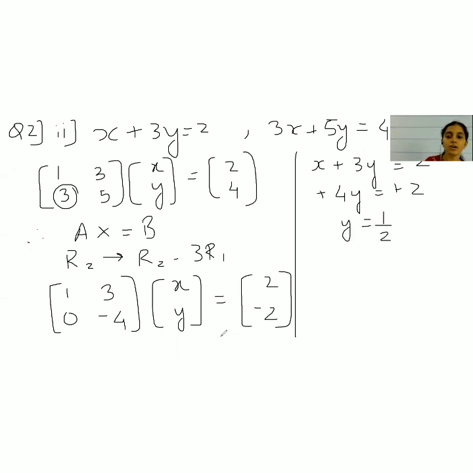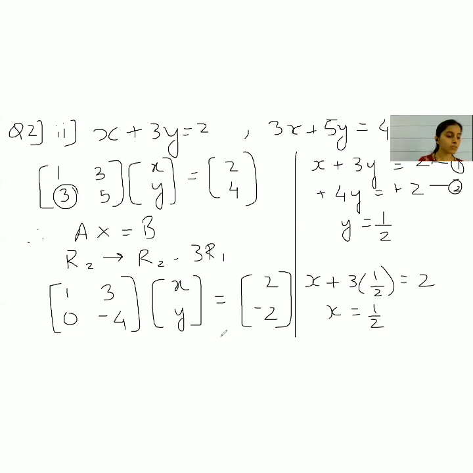We'll put y equal to half in the first equation. Okay, so y is equal to half in the first equation. X plus 3 into half is equal to 2. x is equal to 2 minus 3 by 2, 4 minus 3 by 2, that is half.